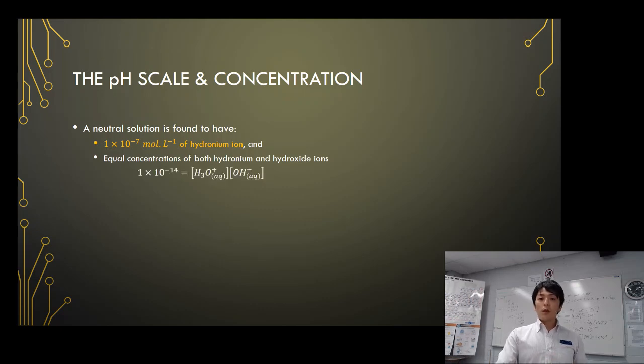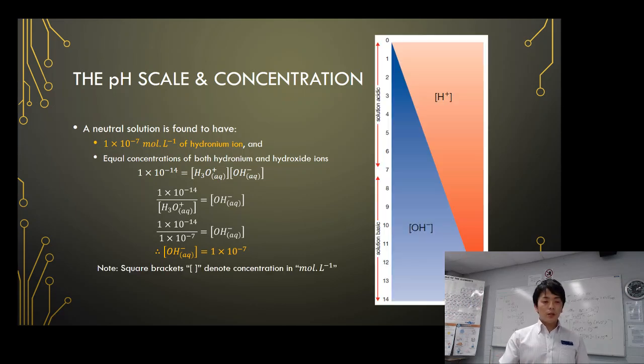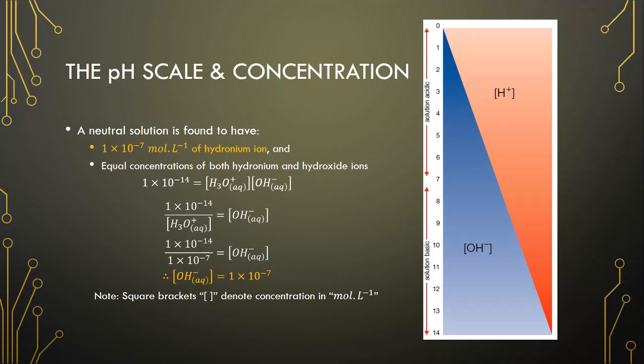So if you plug 1 times 10 to the power of negative 7 into the rearranged version of the formula that was introduced before, you would find that the concentration of hydroxide ion is the same as the hydronium ion. Hence, you would have that relationship, which I would highly recommend you write down.